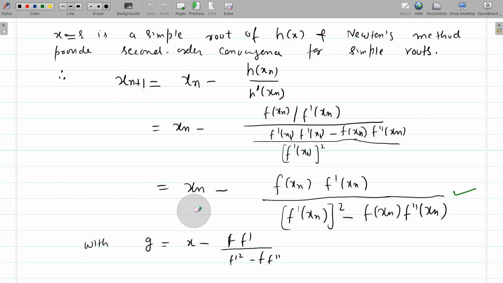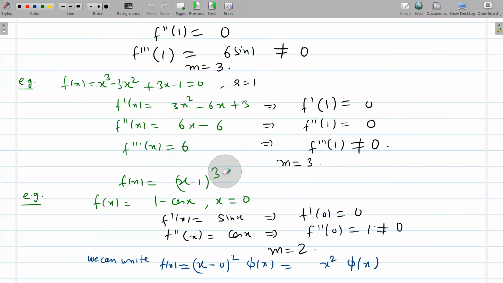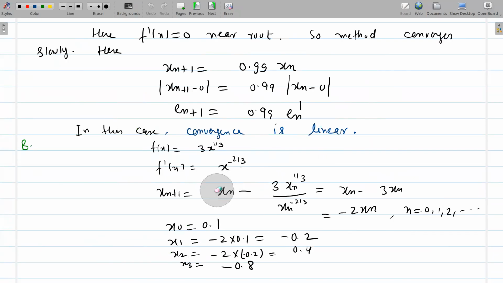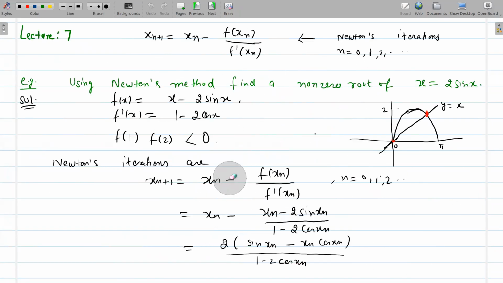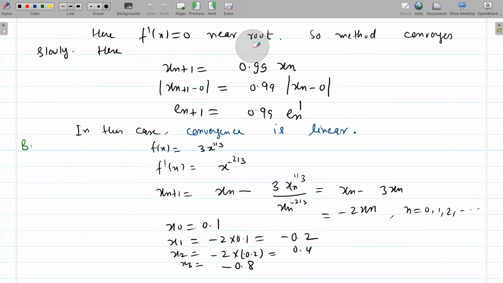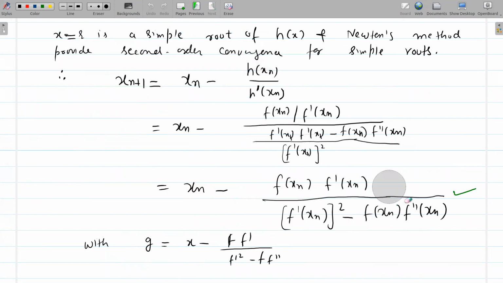In conclusion, for a multiple root you can also apply the simple Newton formula, and you will get first order convergence. Also you can apply this one, or this one, to get quadratic convergence.